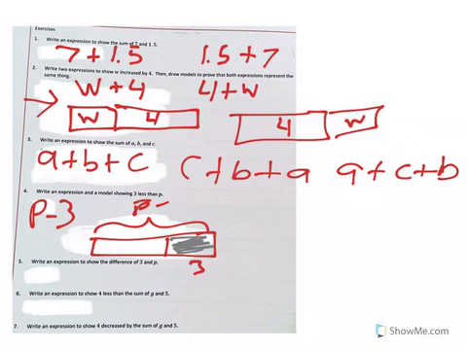All right, number 5. Write an expression to show the difference of 3 and P. Different problem here, right? It's the difference of 3 and P. So this time it's going to be 3 minus P as opposed to 3 less than P, which is P minus 3. For number 6, write an expression to show 4 less than the sum of G and 5.